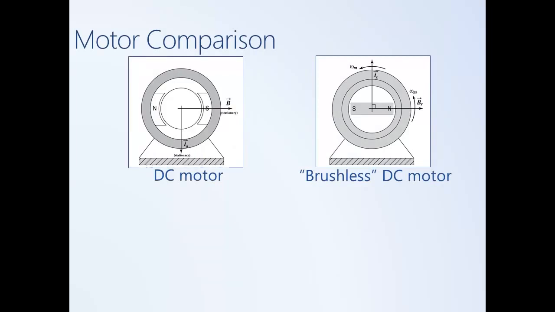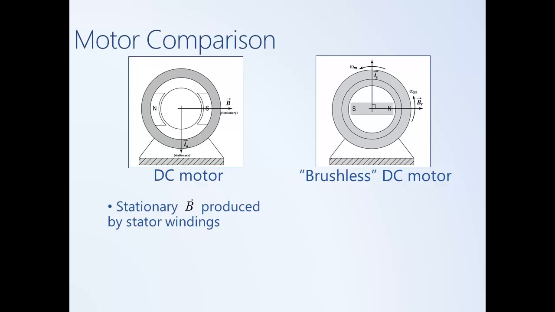So briefly, we want to compare the DC motor we spoke about earlier to this brushless DC motor, this permanent magnet synchronous machine. With a DC motor, the magnetic field has a constant direction because it's produced by a stationary magnet. So this magnet with its north pole and this magnet with its south pole are always located in the same location.